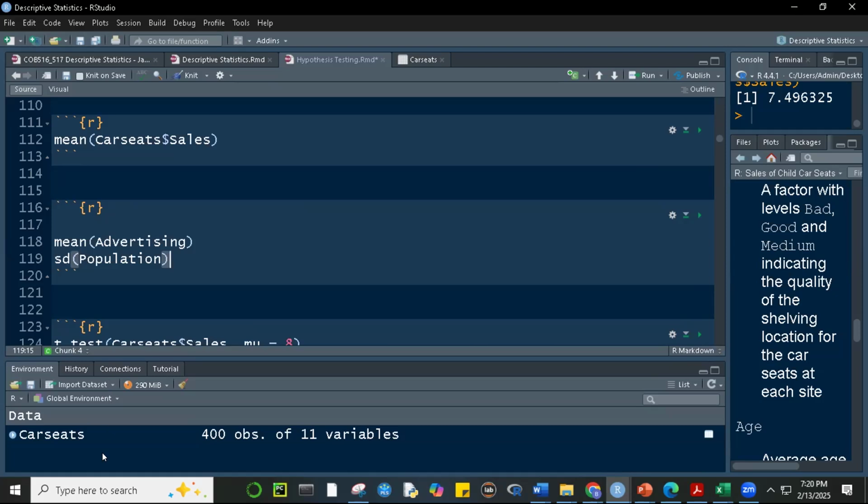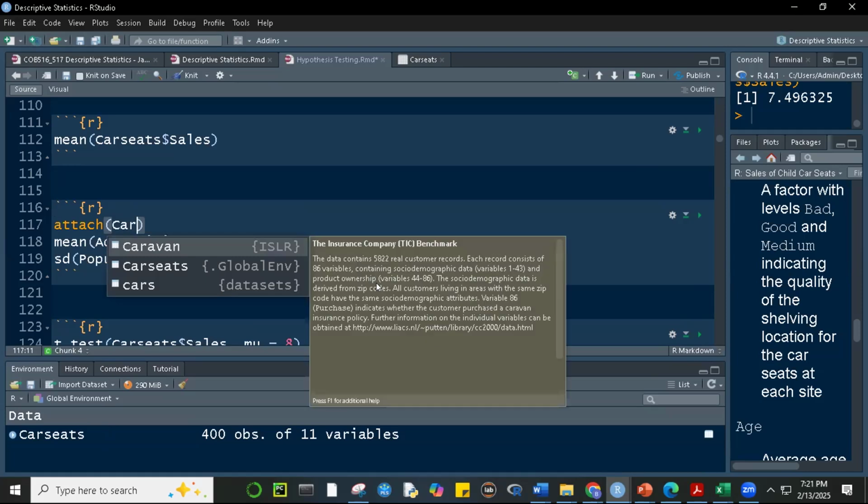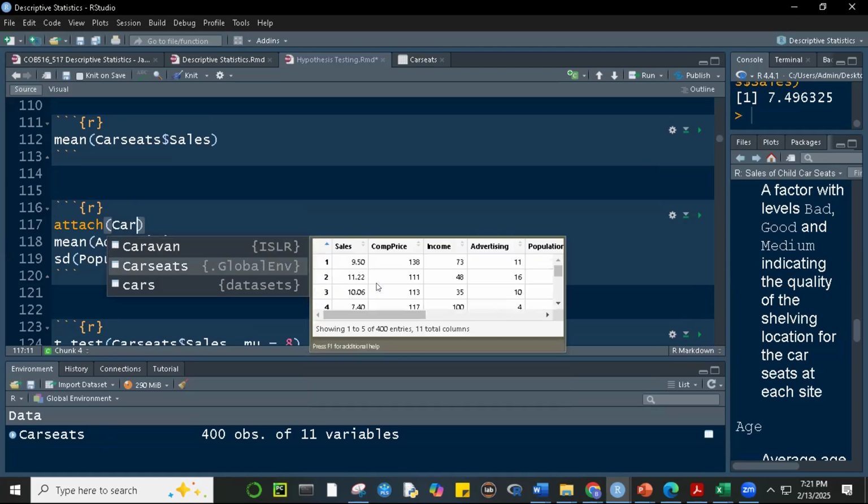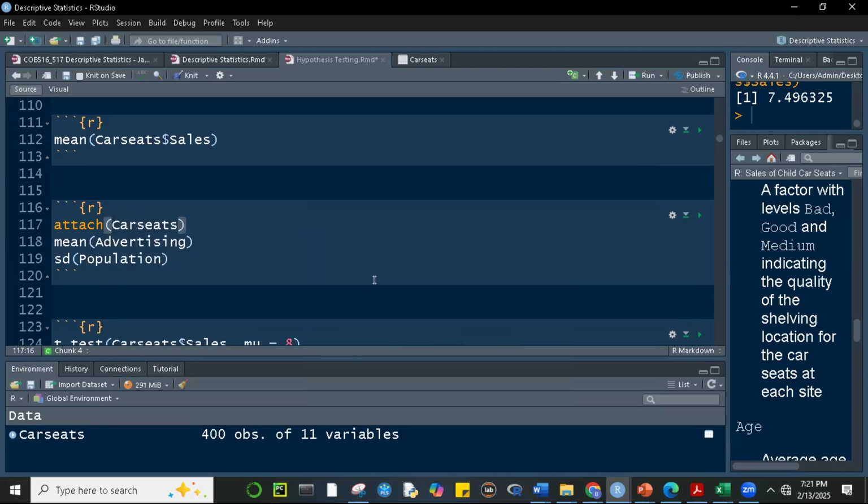So what do we do? There's a technique and it's called attach. So we're going to use the attach function, car seats, tab down, tab. The attach function will allow us to recognize that after attaching car seats, all the other objects here will be coming from car seats.